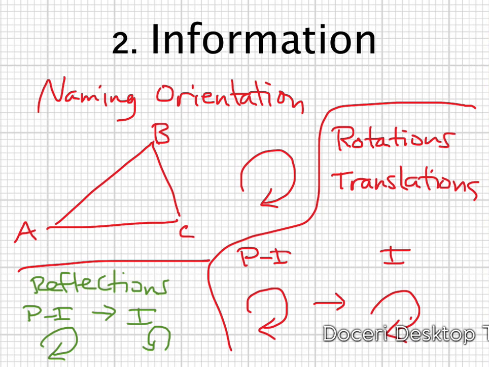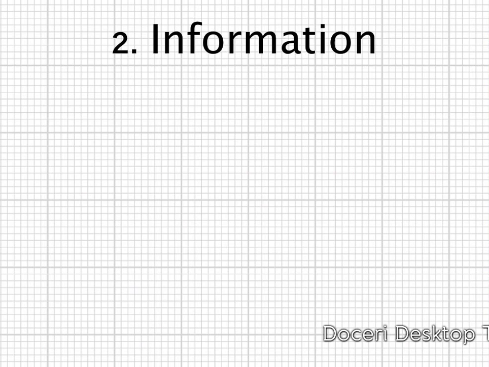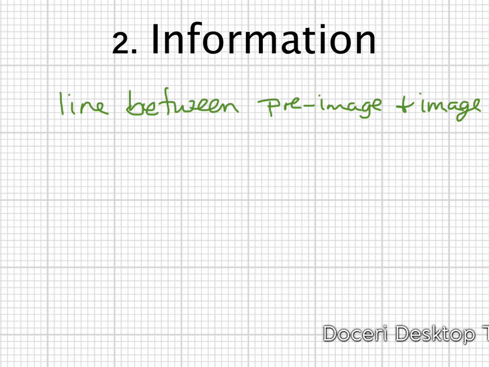Again, one other piece of information for reflections is the line between the image and the pre-image is bisected by the line of reflection.